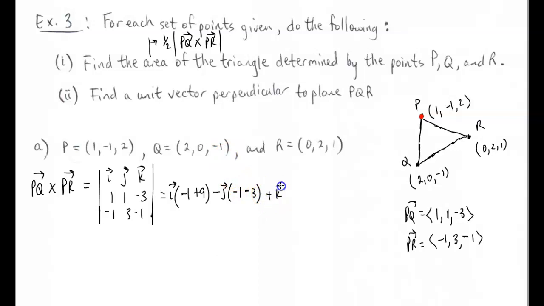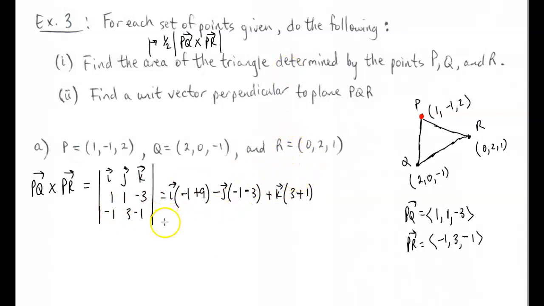And then plus k. Take out the last column, top row. 1 times 3 is 3, and minus -1 times 1 is a -1, and negative times a negative is a positive.